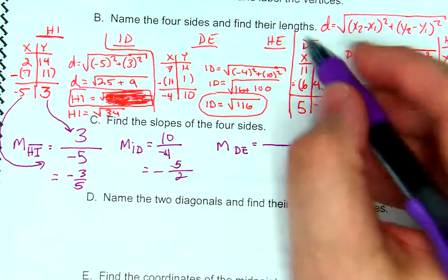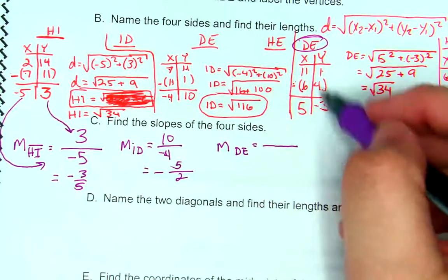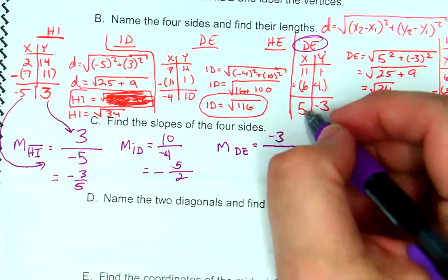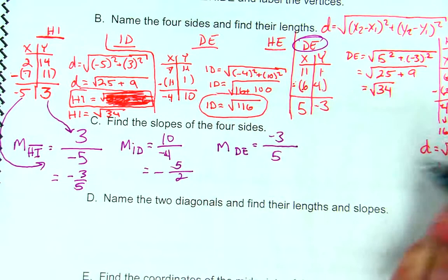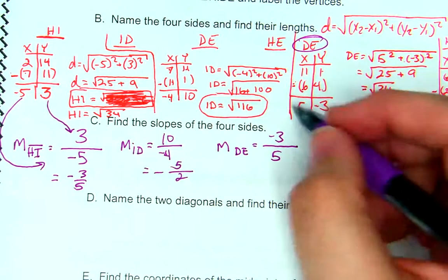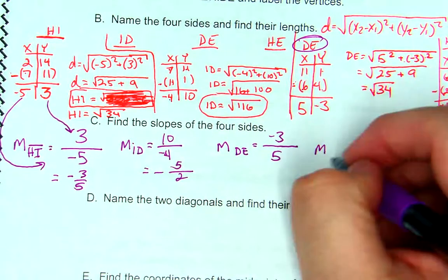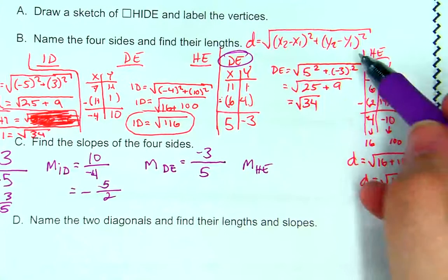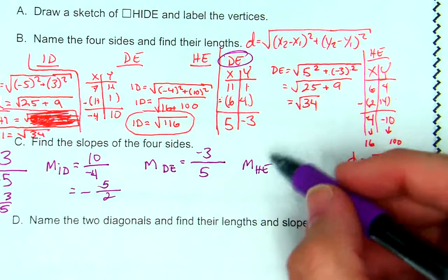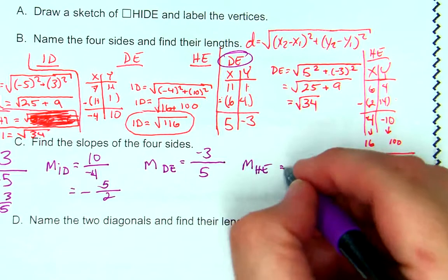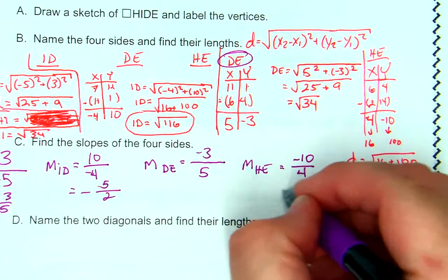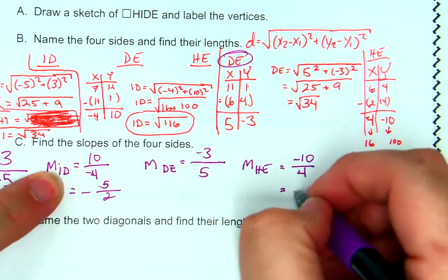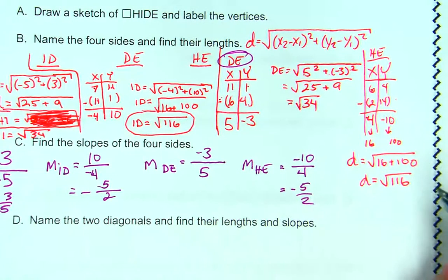Okay, DE is over here. What's my change in y? Negative 3. Change in x is 5. All right. And the slope of HE: negative 10 over 4. If we reduce that down, didn't we reduce that same thing over here? Negative 5 halves.